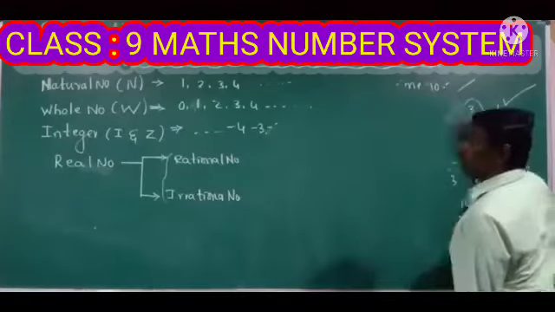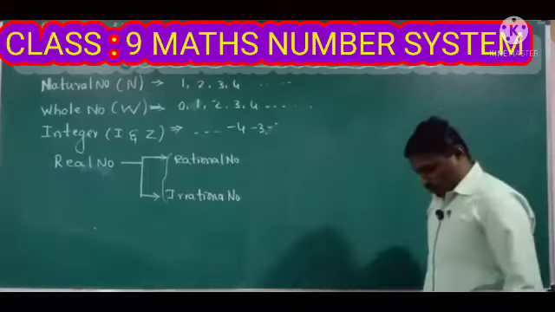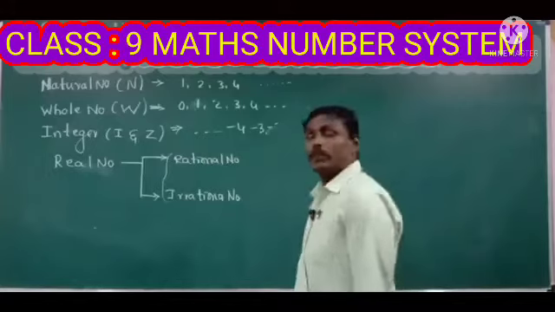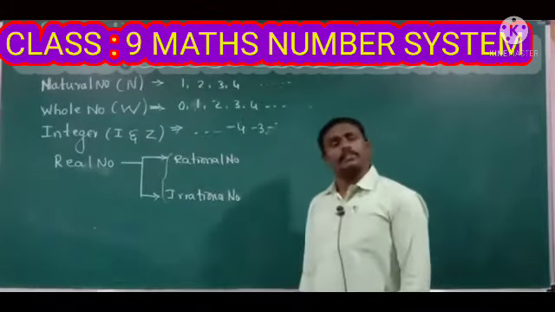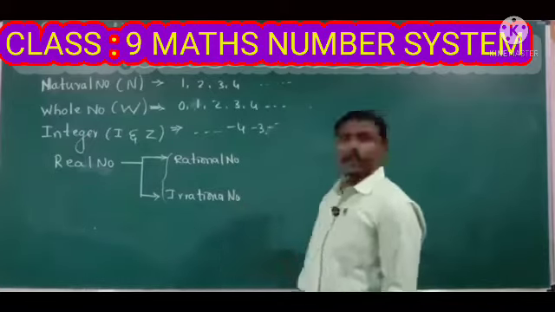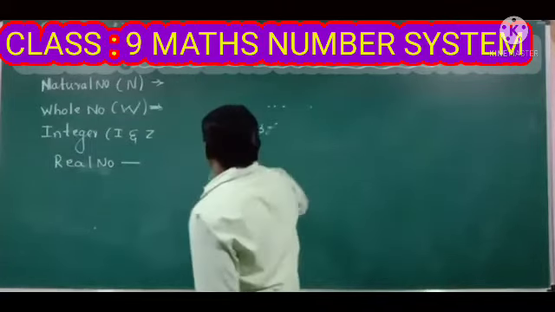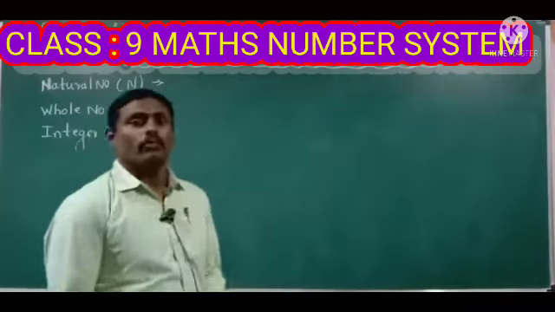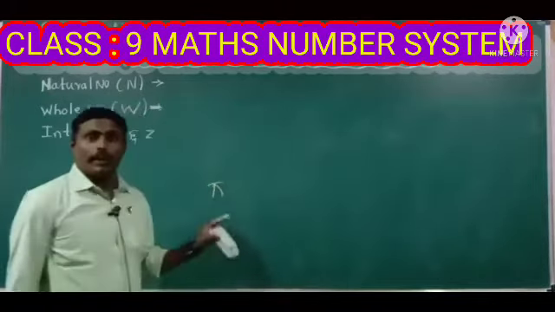The concept of irrational numbers basically originated from the Greek word. Some famous mathematicians like Pythagoras and Archimedes, Archimedes is also a famous scientist, introduced the concept of irrational numbers, and later Archimedes found the value of pi.